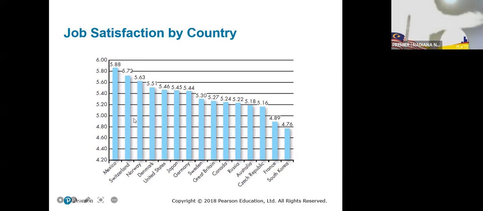Number 2 is Switzerland. Switzerland is what we call a rich country. I think in Switzerland there are no poor people. If there are poor people there, they ask for money and they speak English: please help me, sir, I'm hungry, sir, please give me some money, some food.